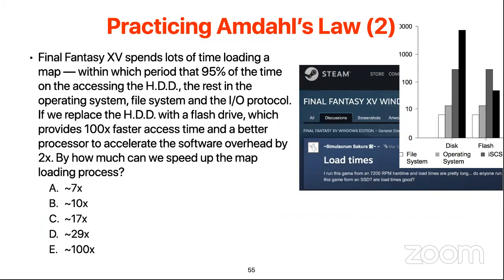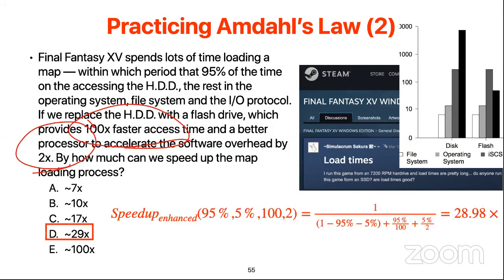So say right now, if I'm rich, then not only can I get a new solid state drive, I can also upgrade my processor with the latest AMD Ryzen processor, which will give me twice the speedup in the processor part, right? So then both the 95% of time and the 5% of time would get speedup. The 95% would get 100 times speedup from replacing the hard disk drive with flash, and the processor part would get speedup from the replacement of the processor. Now we get closer to 29 times, right?